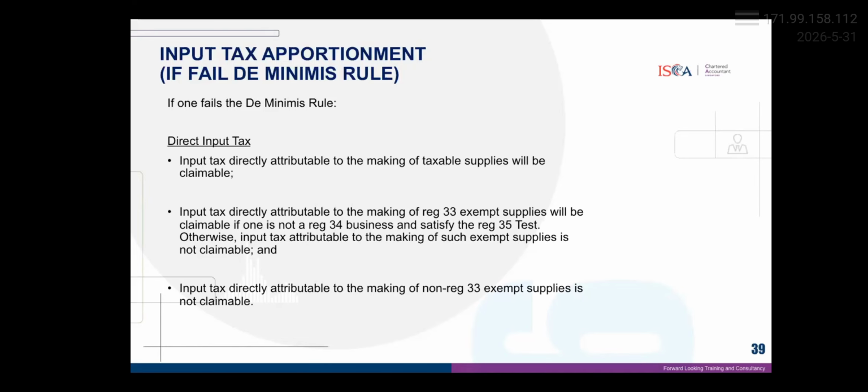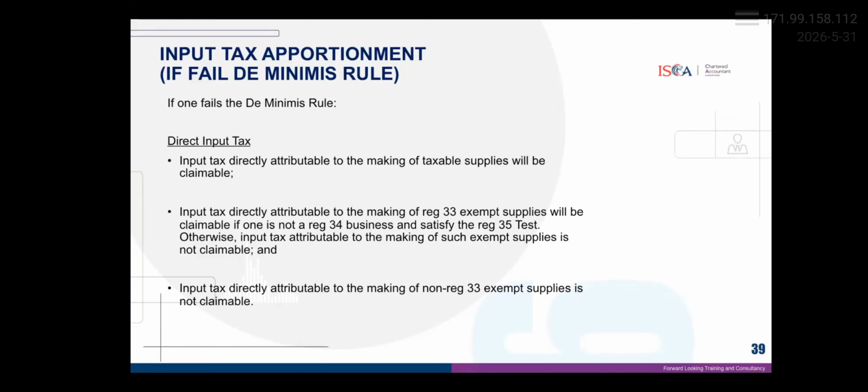If one indeed fails the de minimis rule, which means you have actually quite a sizable amount of exempt supply, then you need to first identify the direct input tax. This direct input tax is input tax directly attributable to the making of taxable supply, and that amount is fully claimable.